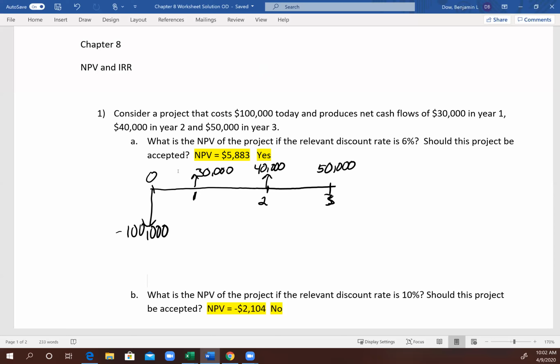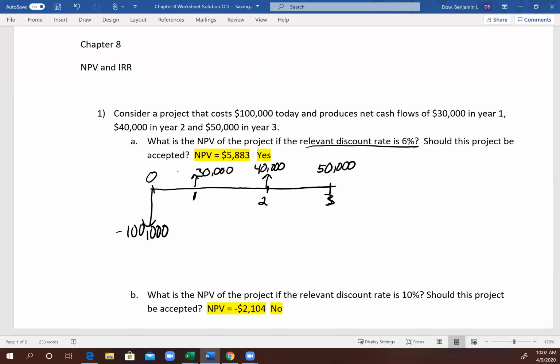What we're going to need before we can evaluate is something called a relevant discount rate. What's the relevant discount rate? I mean, that's something that you're inputting in, okay, in real life. For this class, it's given, okay?